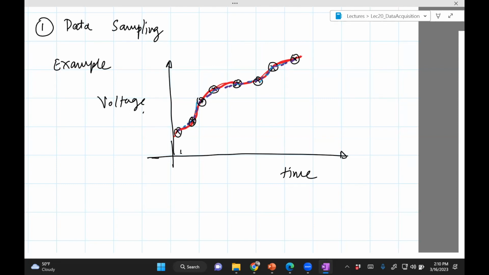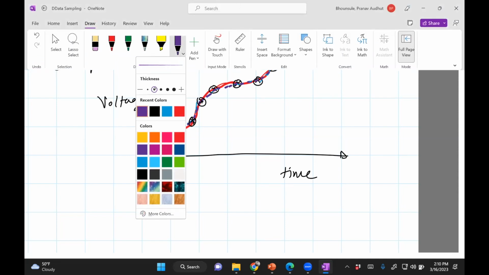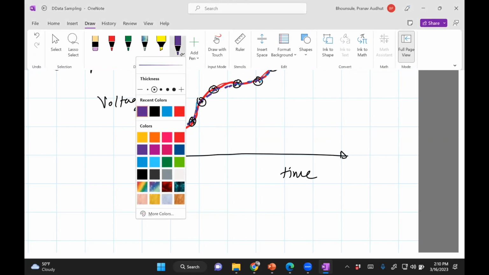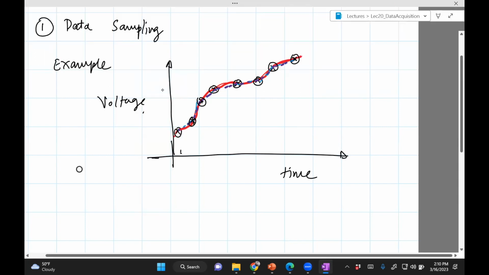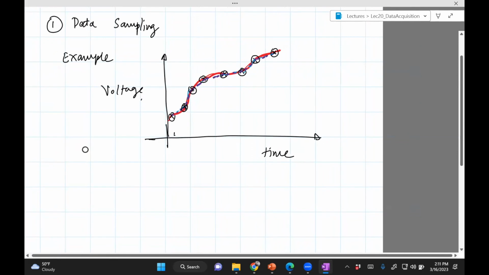So this seems like this sampling, the way I've sampled it, is pretty good because it can reproduce the signal to a fair extent. The straight lines are a good approximation to the red line, right? And that's because the curve is sort of smooth and the sampling rate is fast enough. Okay. But then the question is, what is the sampling frequency we need to choose for a random signal, right? That's important, because if you don't sample at the right frequency, then you will not be able to reproduce the data.